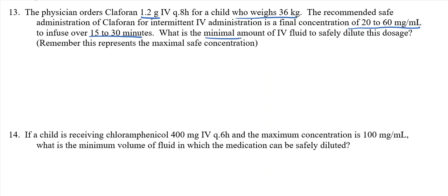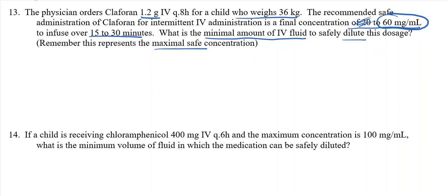What's the minimal amount of IV fluid to safely dilute this dosage? All right, so I remember the minimum dilution represents the maximum safe concentration. So I've got a concentration of 20 to 60 milligrams. So I'm going to take my maximum, the 60 milligrams per milliliter, and ignore the 20.